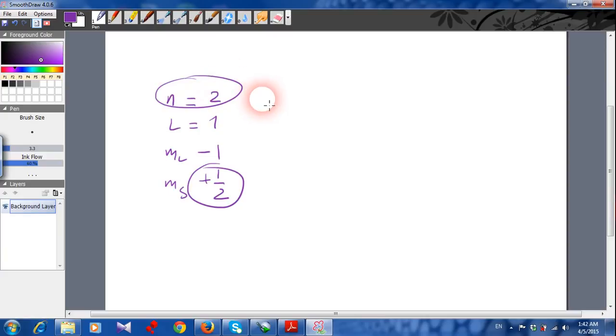So n is 2, that means the energy level is 2. l is 1, we talk about p orbital again, and ml is equal to negative 1.